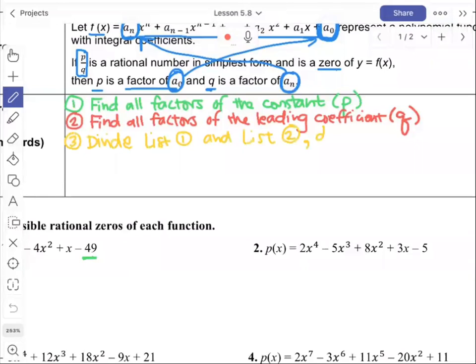And don't forget pluses and minuses. With these factors, it can be plus or minus. So let me do that down here. What I mean by that is I'm going to put the P list and divide it with the Q list 1 by 1.